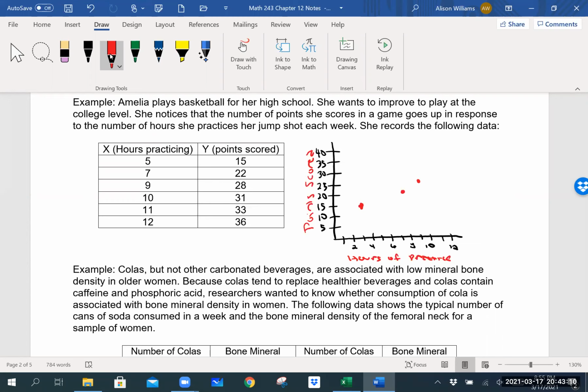Now, just so you know, values can repeat. It doesn't have to be non-repetitive. 11 and 33, somewhere in between here, a little bit higher, and then 12 and 36, even a little bit higher. All right, and there we go.